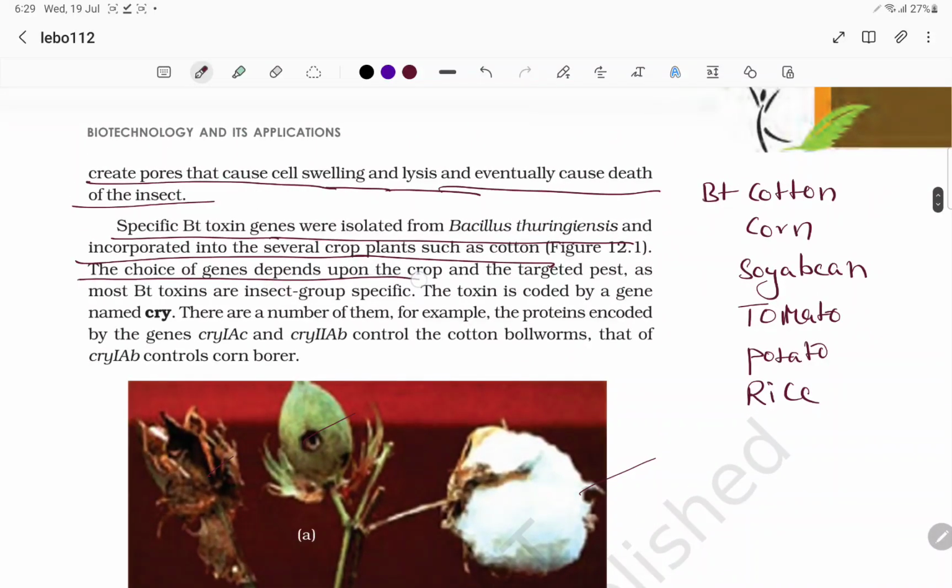So the choice of genes depends upon the crop and the targeted pest. As most Bt toxins are insect group specific, the toxin is coded by the gene named Cry. So there are a number of them. For example, the protein encoded by the genes Cry1Ac and Cry2Ab controls the cotton bollworms.